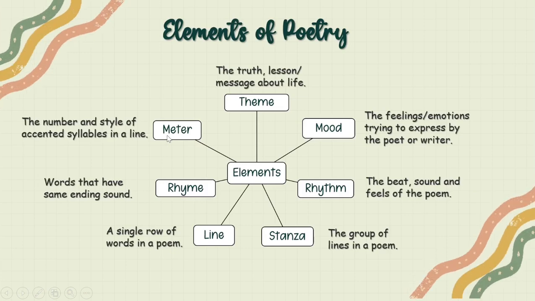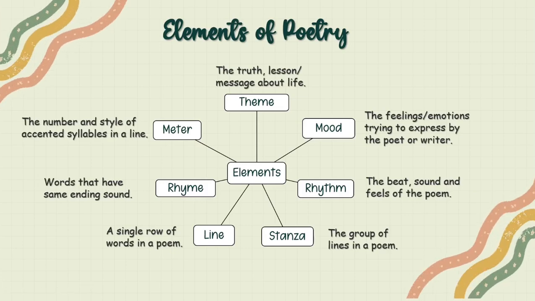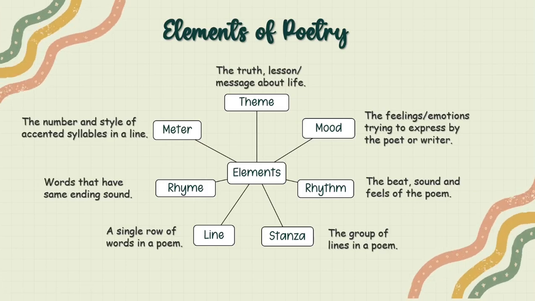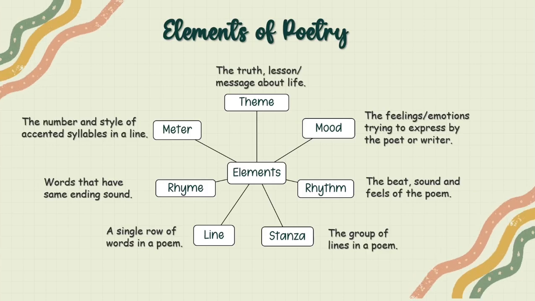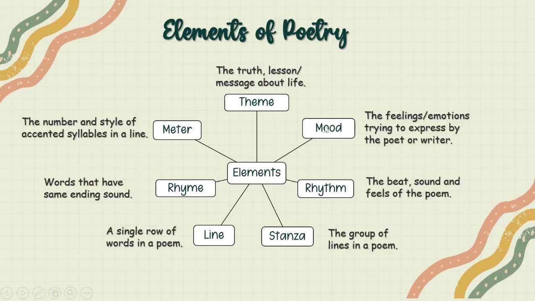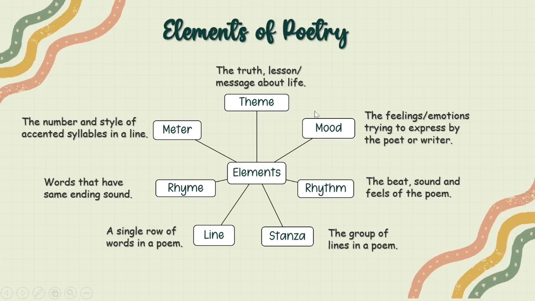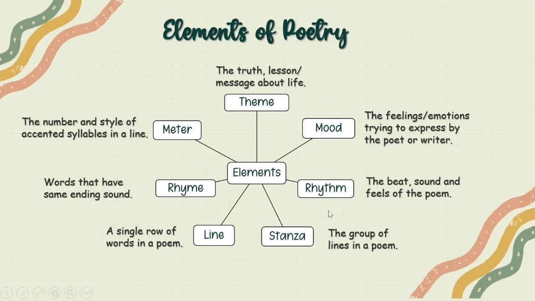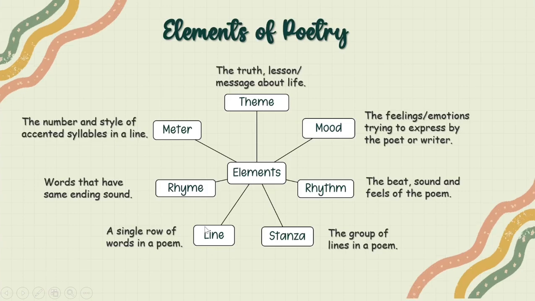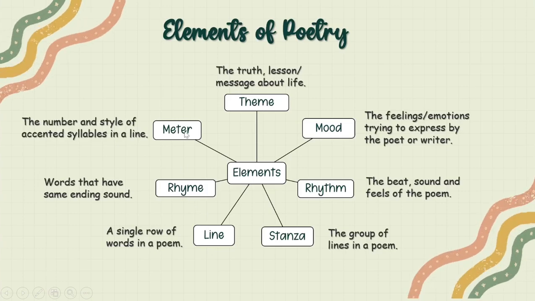Ito yung pinakang sukat ng mga syllables. Bilang ng syllables sa isang line. And there you have it, the elements of poetry. Again, we have theme, mood, rhythm, stanza, line, rhyme, and meter.